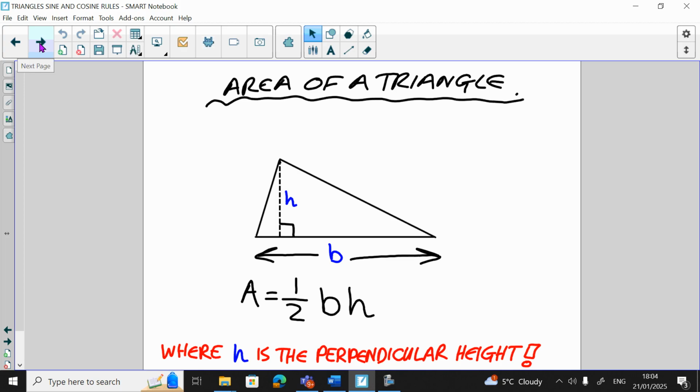A lot of the time in triangles we only have the measurements of the lengths, and we don't necessarily have this internal measurement. So if we don't have that, then we need to use other methods to get the area.